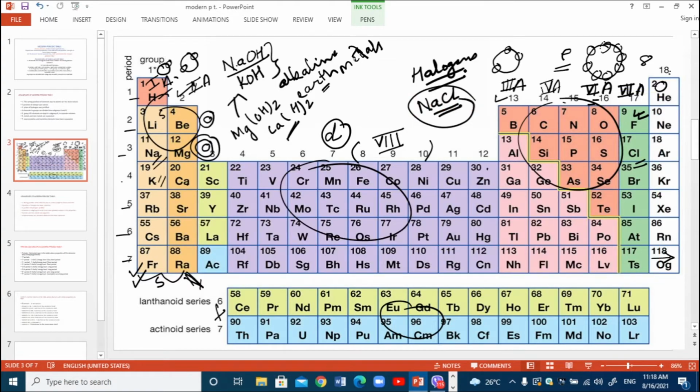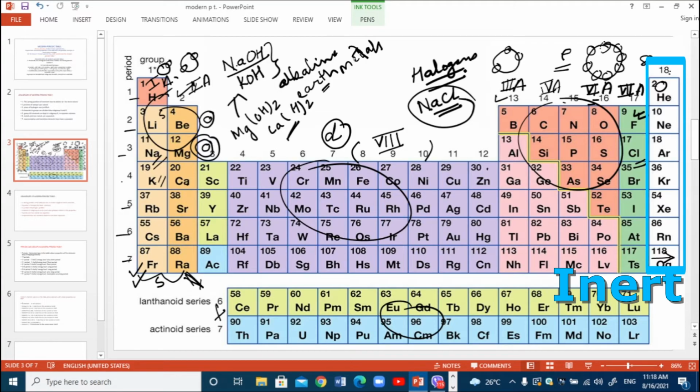Now we'll see group 0 elements, or group 8 elements. Group 8 elements have 8 electrons in their valence shell, so these elements do not take part in chemical reactions. That is why they are called inert, meaning not reactive.